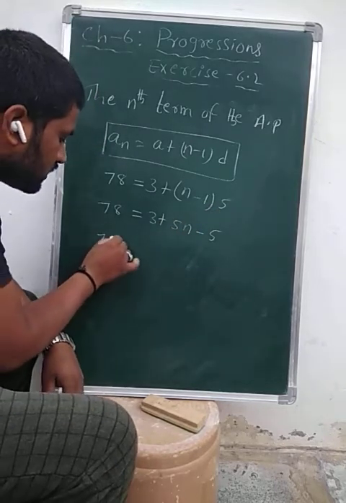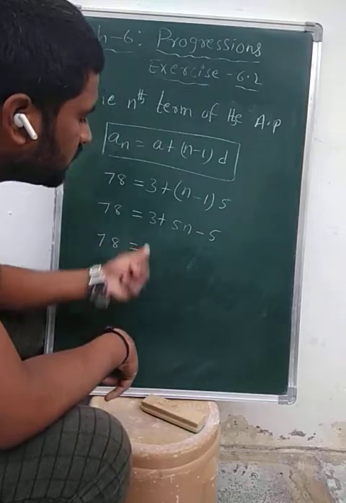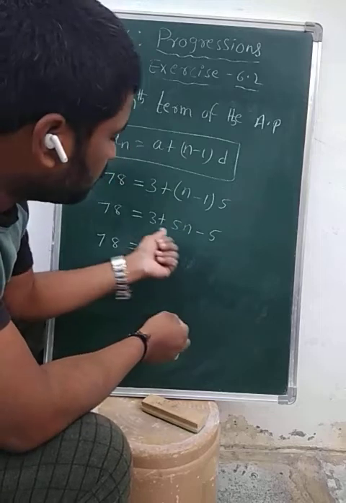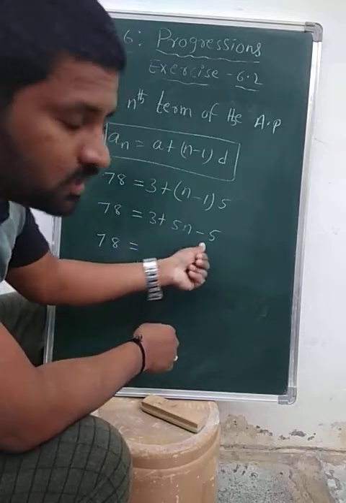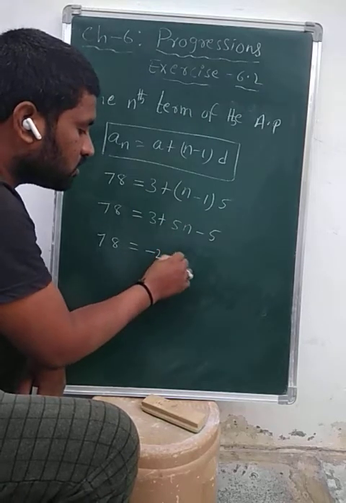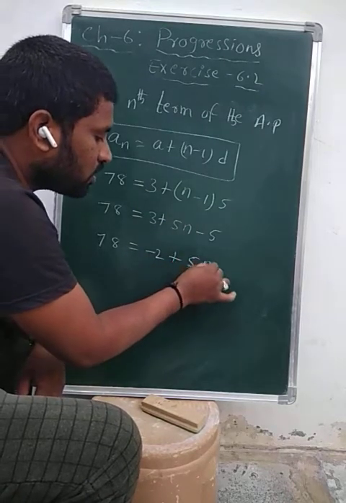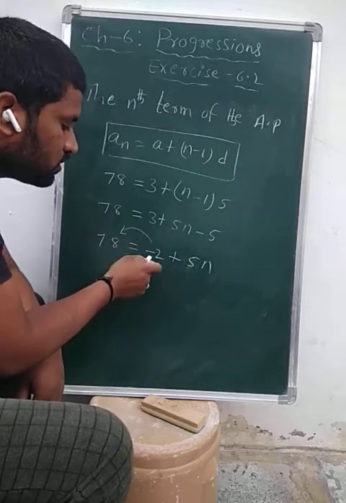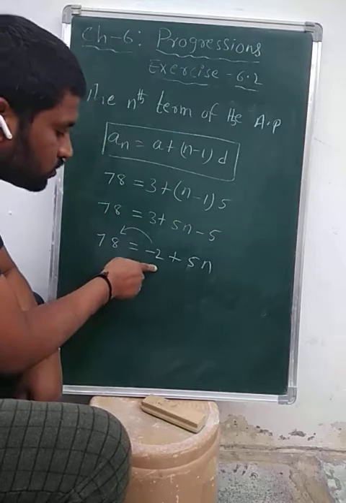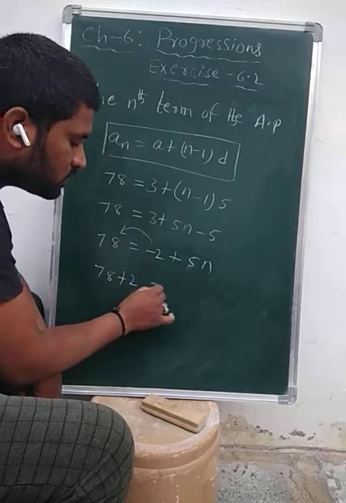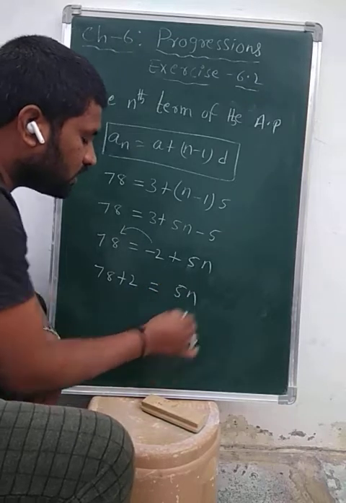Now 78 is equal to, here plus 3 and here minus 5, plus 3 minus 5 becomes minus 2, plus 5n. Now minus 2 is transposed to the LHS side. It becomes plus 2 is equal to 5n.